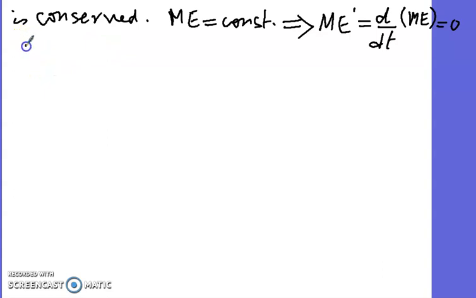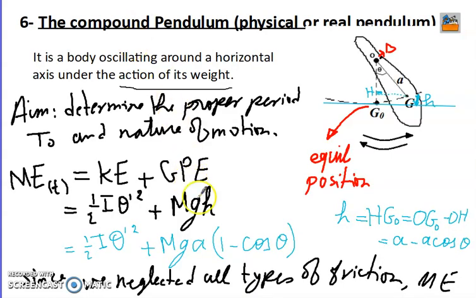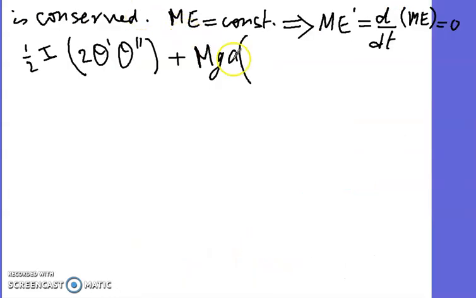So let's make the derivative. Then half I, what's the derivative of theta prime squared? 2 theta prime, theta double prime, plus mgA. Okay, let's make the derivative of 1 minus cosine theta here. What's the derivative of 1? 0, right? What is the derivative of cosine u in mathematics? It is minus sine u times u prime, right? So let's replace it here. So derivative of 1, 0, minus. What's the derivative of cosine theta?